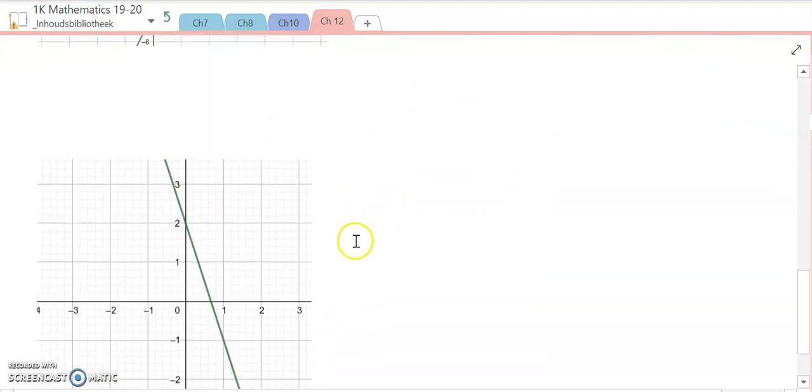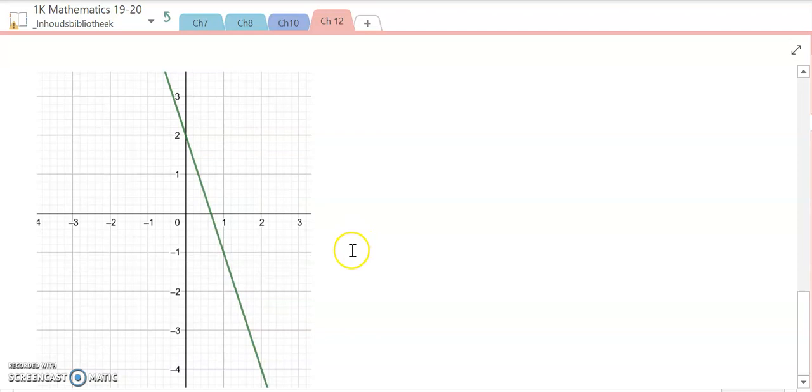You should know how to make a formula out of the graph. We practice it a lot. What you need to know are 2 numbers. You need to know the starting value, the number where the graph passes through the y-axis. And you need to know the change per horizontal step to the right. So the starting value is 2.